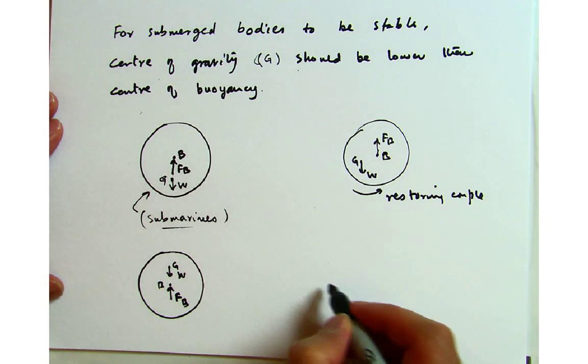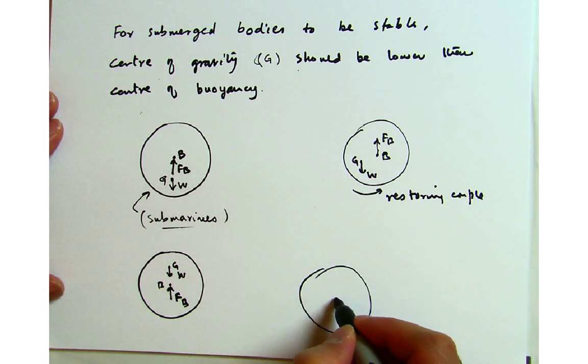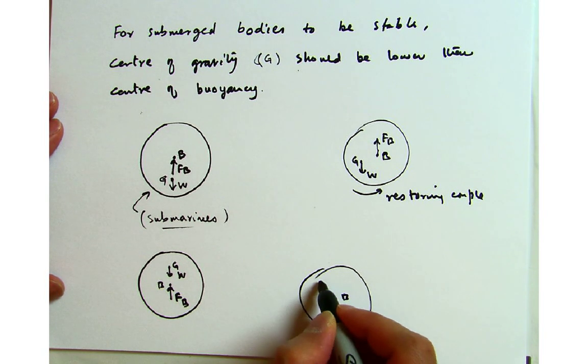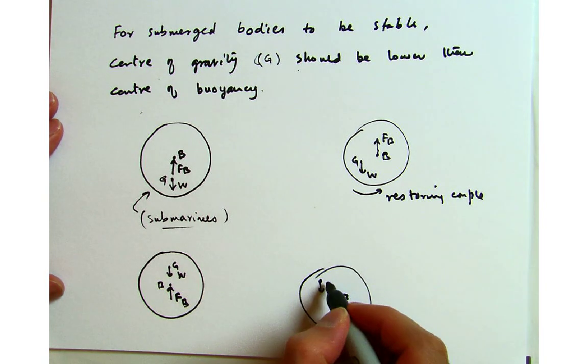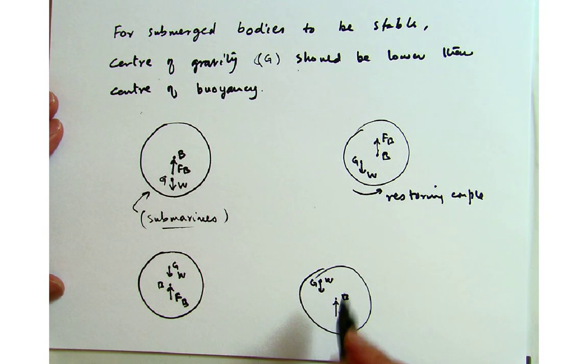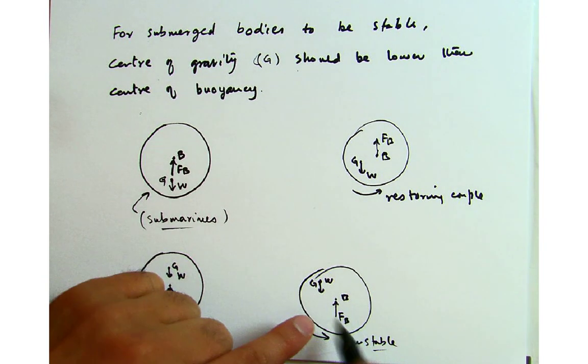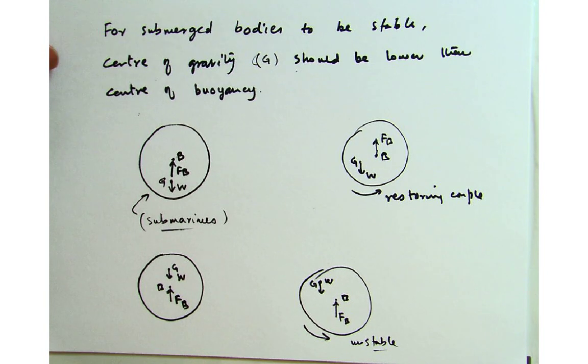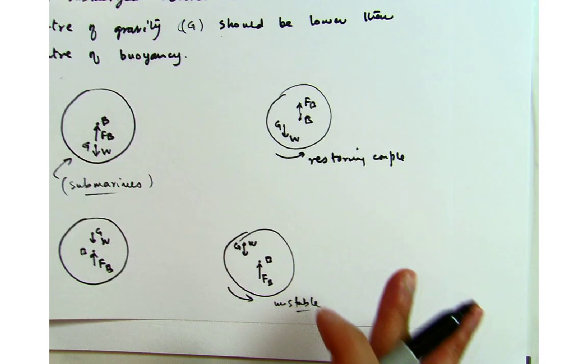Now if there's a small disturbance, you still have the center of buoyancy here, but if you rotate this, the weight goes to the point G, so now it will create an unstable couple. This is completely unstable because it will try to overturn it, so that the buoyancy goes on the top and the weight goes at the bottom. This is the case for the submerged body, which is pretty straightforward to understand.